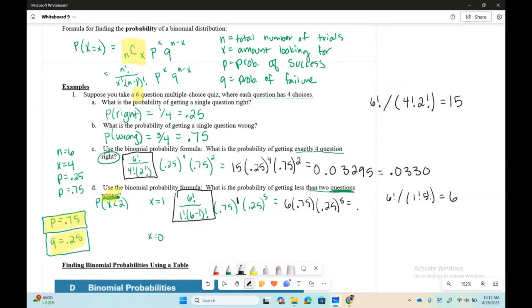So when I type all of that in my calculator, I should get 0.004395.